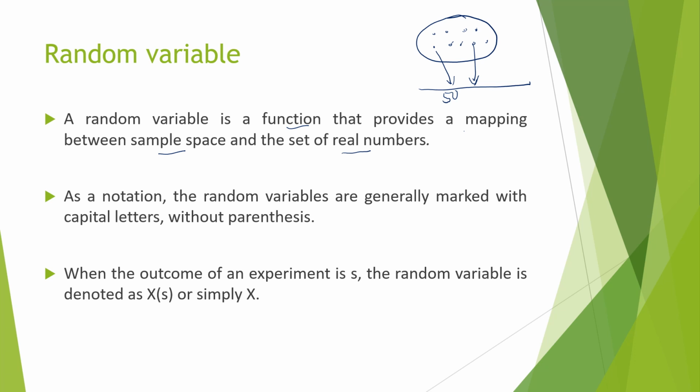And we have seen that it is indicated as X(S) or W(S) or whatever letter we may use. Normally a capital letter is used, with the outcome marked in the parenthesis. In normal conditions, we may ignore the parenthesis and simply write capital X. So random variables are generally indicated with capital letters. We need not mention the outcome in the parenthesis.